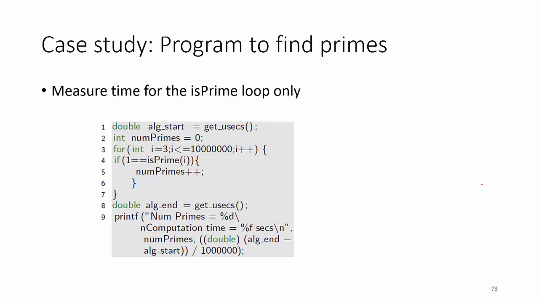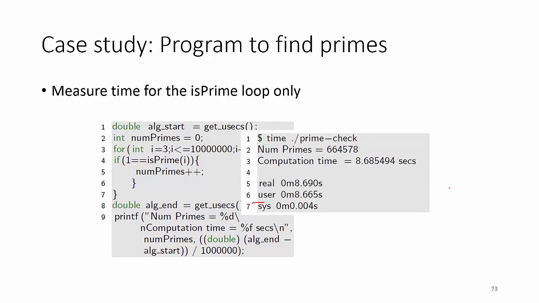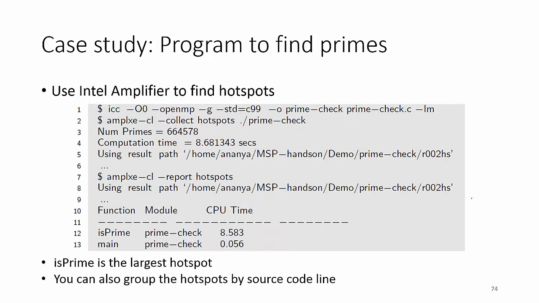We use timing here to find the execution time in the is_prime loop only, and we find about the same information as before. We can use the Intel Amplifier to find hotspots.